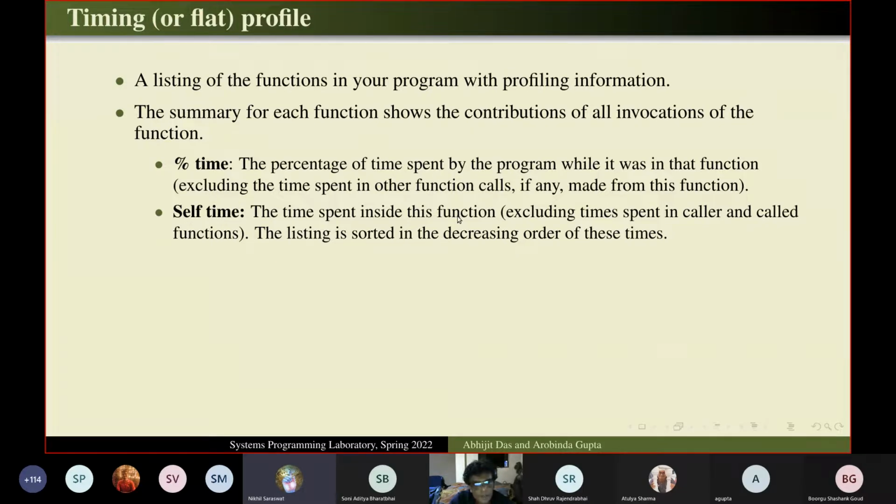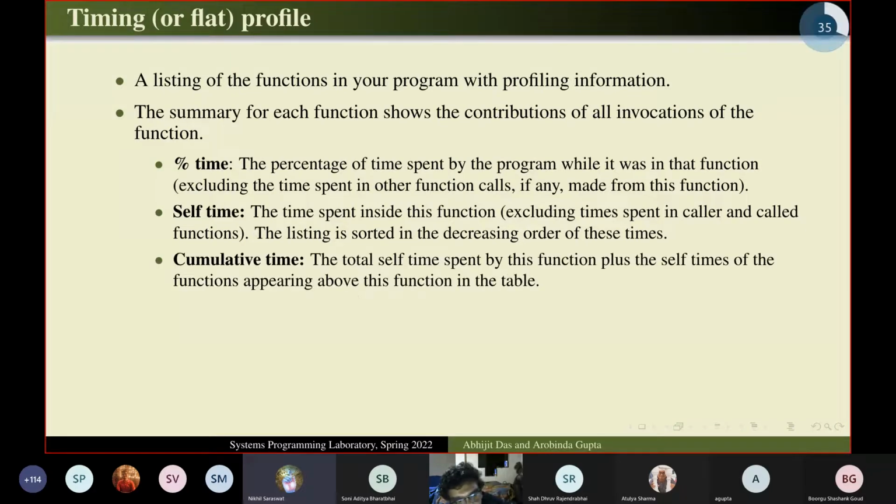Now this is self time, spent inside the function. This is no longer percentage, but absolute time: seconds, millisecond, microsecond, something like that. And this listing is sorted with respect to the decreasing order of these self times.